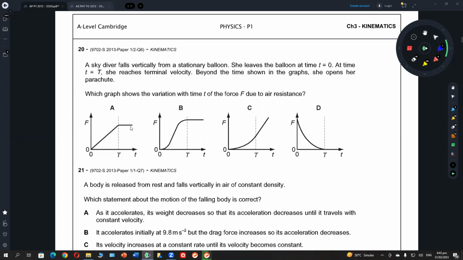So interestingly, he's drawing a graph of force against time instead of velocity or acceleration. Is it right that force and acceleration are directly proportional? Yes, F is equal to ma. So when you draw a graph for force, you actually draw a graph for acceleration.